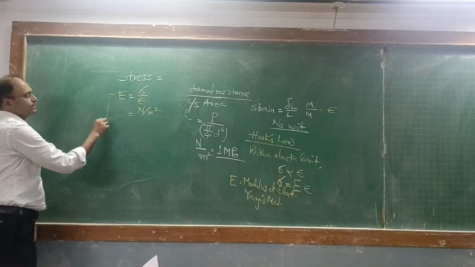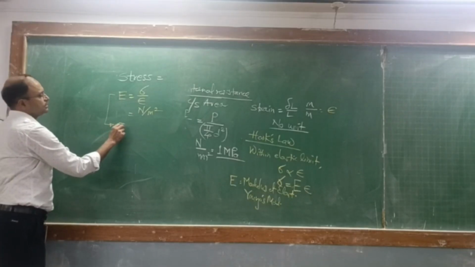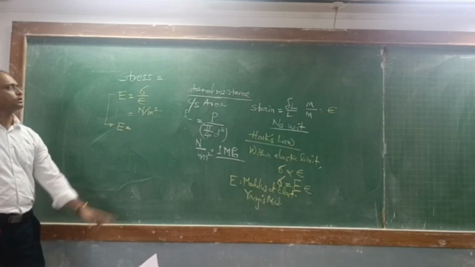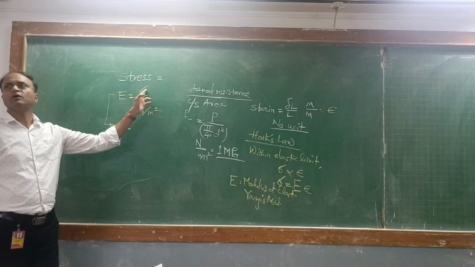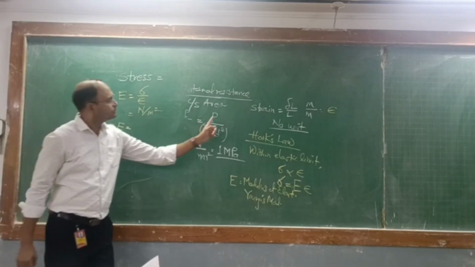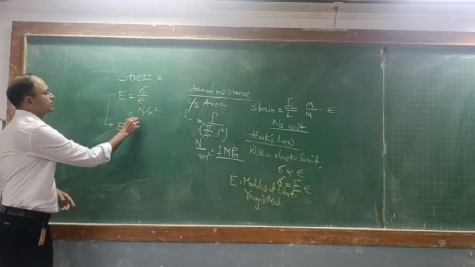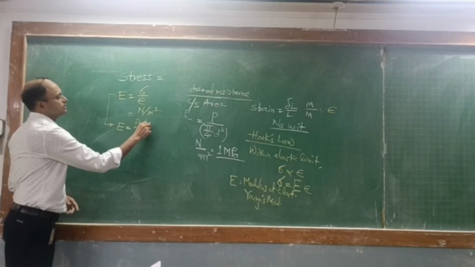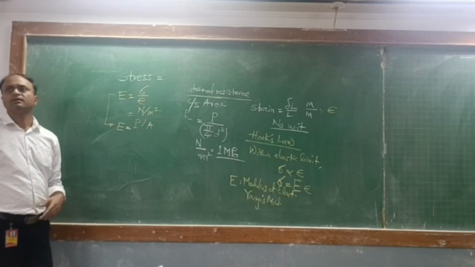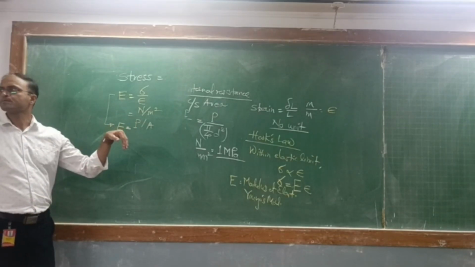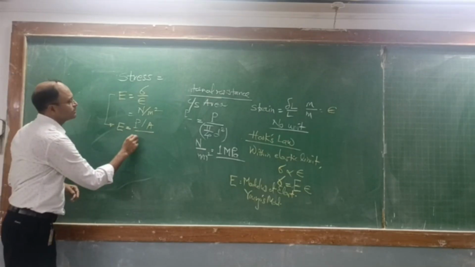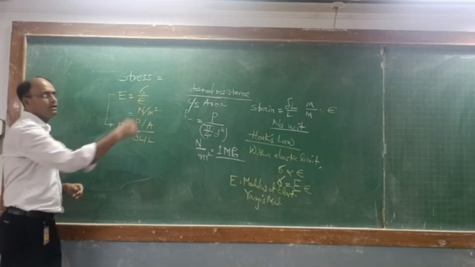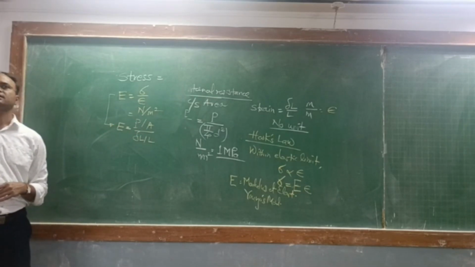Okay. Further, if we take this equation, E is equal to, what is the formula of stress? Force upon area. So I am writing force upon area. Formula of strain, divided by delta L upon L. Right?